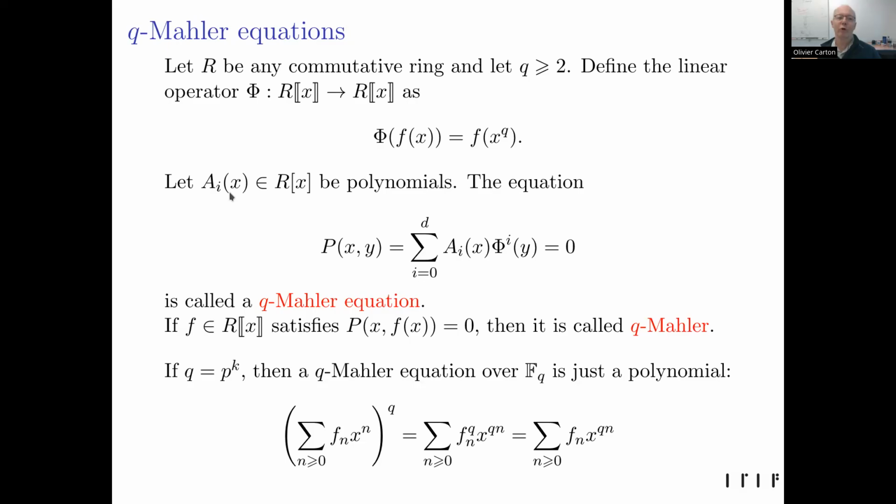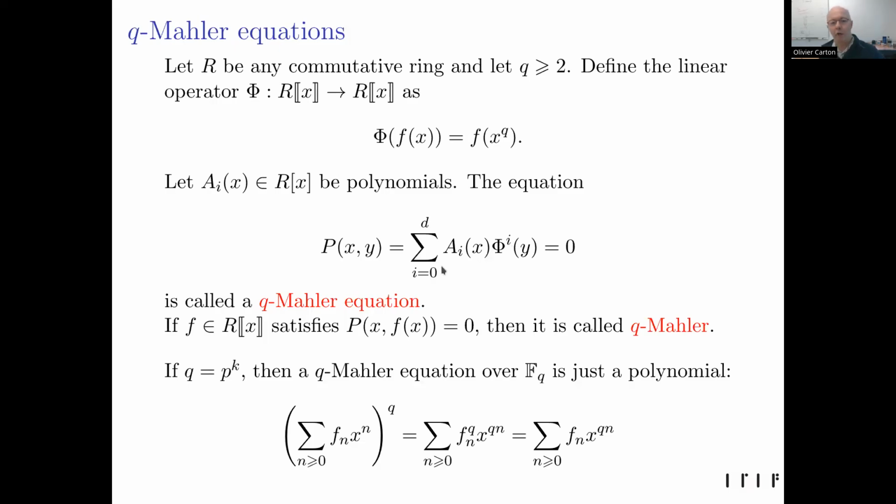And if we have polynomials A_i, we look at such an equation: the sum of A_i(x) phi to the i of y equals 0. So it's an equation in x and y. It's not really a polynomial because phi is not a polynomial, but it has the flavor of a polynomial.